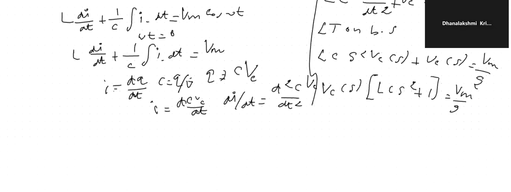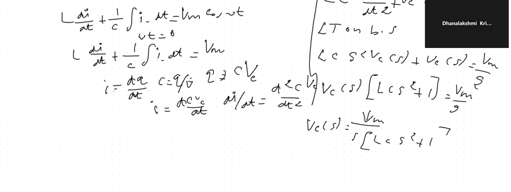The capacitor voltage is called the restriking voltage. Then Vc of s is equal to 1 by s, Vm by s into LC s squared plus 1.